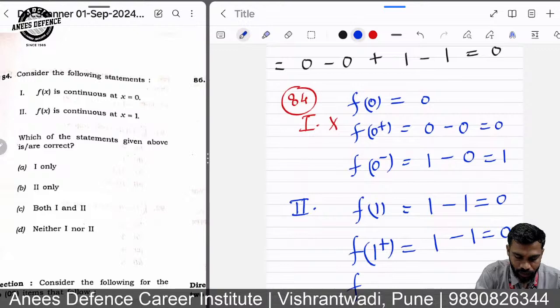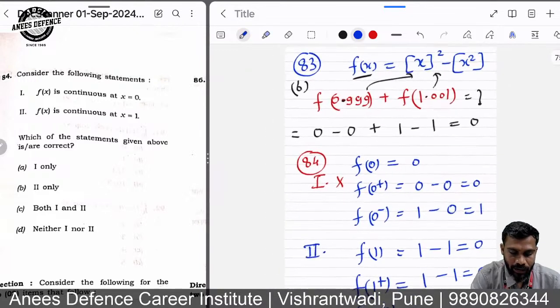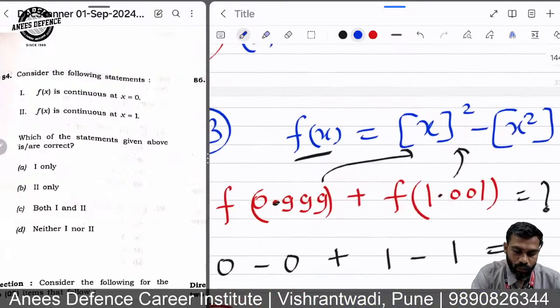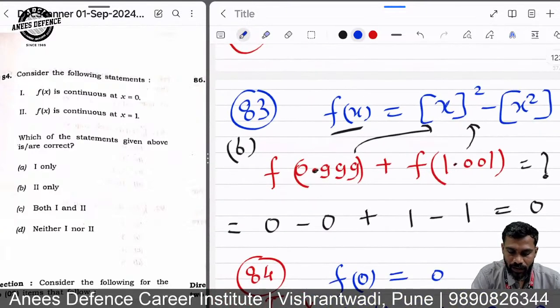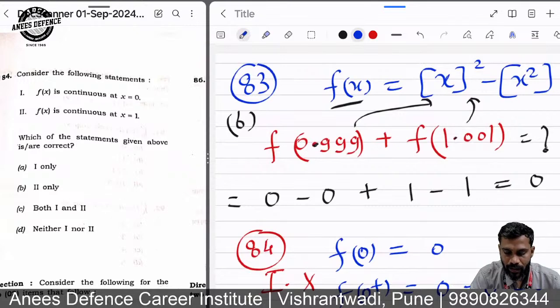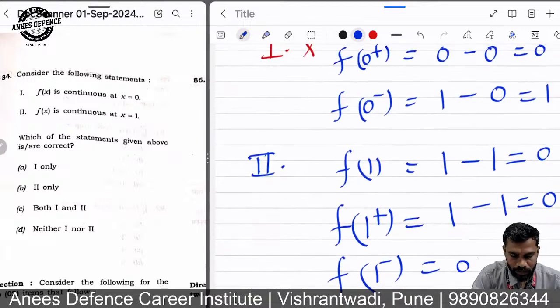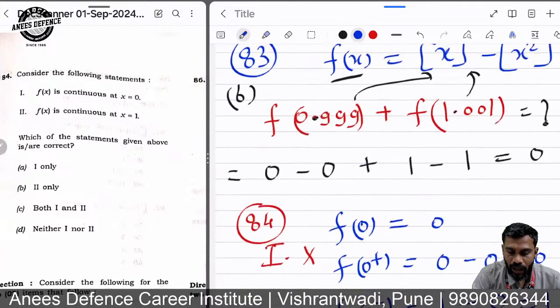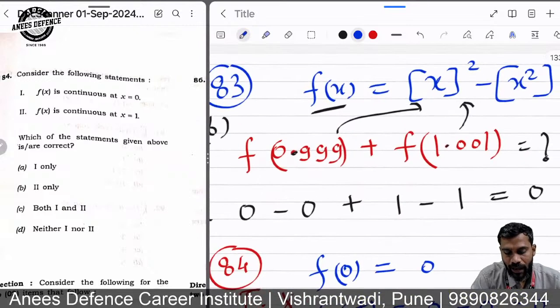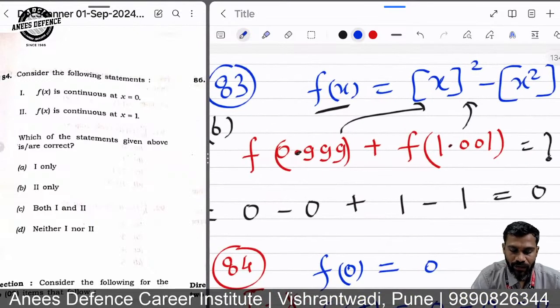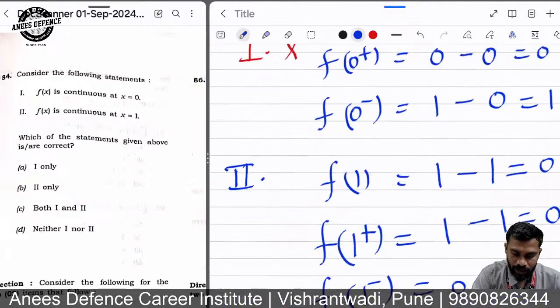Let us try to find out 1 minus, LHL at x is equal to 1, right? So, 1 minus means we have to take, let us take 0.99. Now, GIF of 0.99 is 0. So, this will be 0. 0 square is 0. And GIF of 0.99 whole square will be again less than 1, which is, GIF will be again 0.